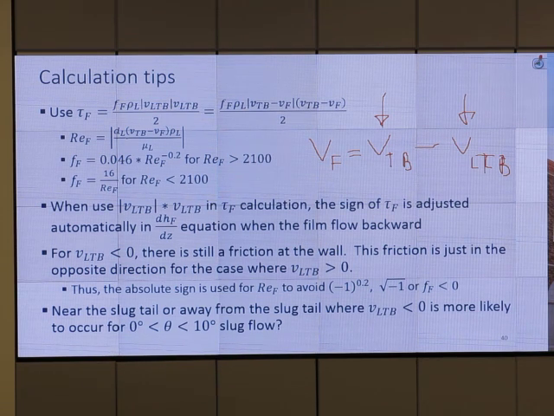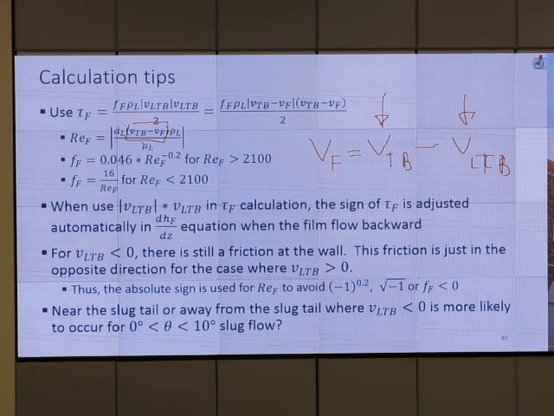So are we solving with reference to Z or solving with reference to something else? The Reynolds number is the real Reynolds number, not the relative Reynolds number. Look at this part. That's VTB minus VF, which is VRTB. I agree. And VRTB can be positive or negative. That's why I put the absolute sign.